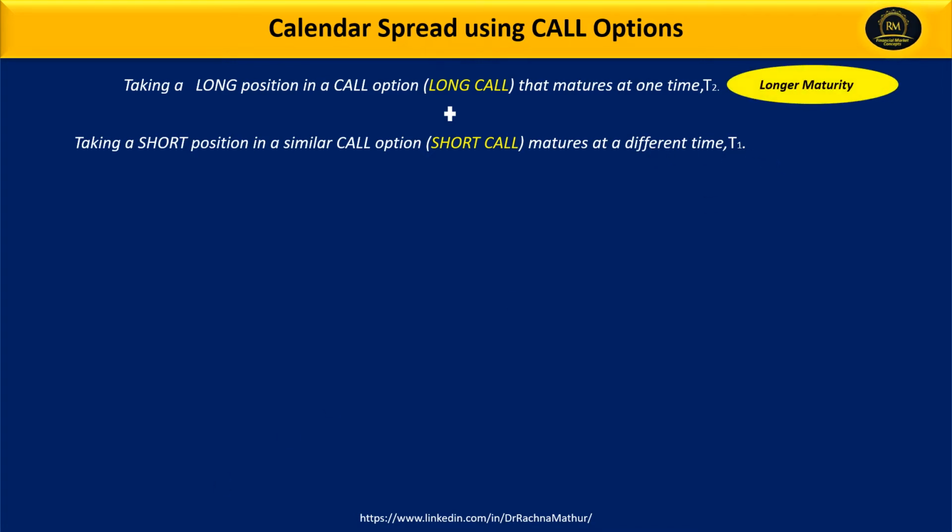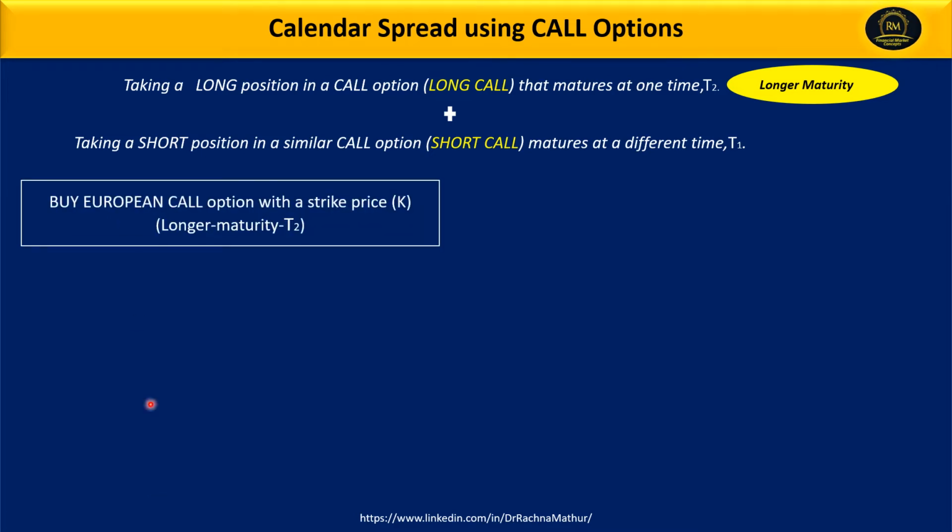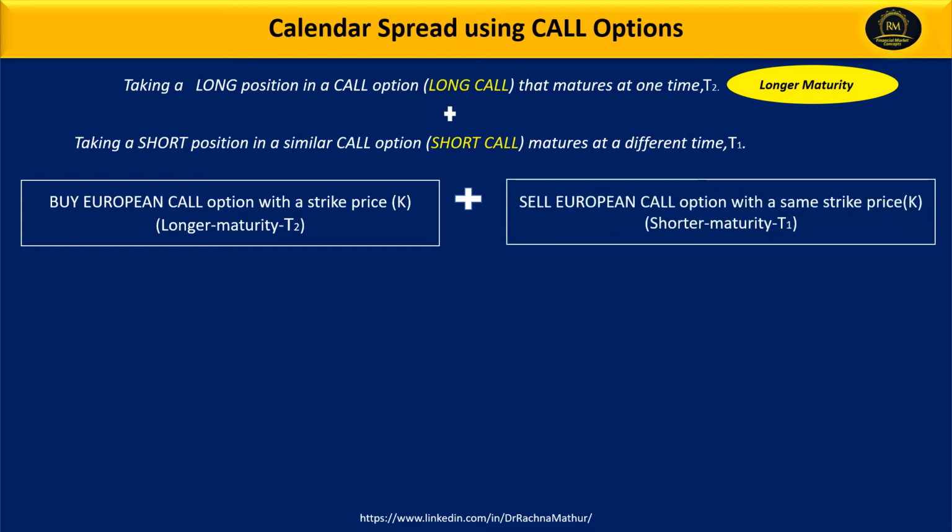We take long call with a longer maturity. So buying a European call option with a strike of K with longer maturity T2 combined with selling a European call option with the same strike of K with shorter maturity T1. So one thing is clear, we have to buy call and sell call. Both buying and selling call are exercised at the same strike K.